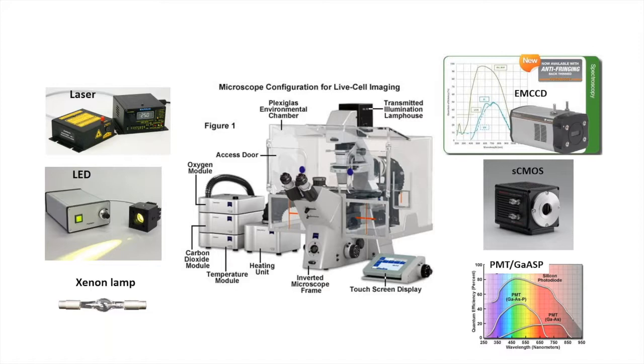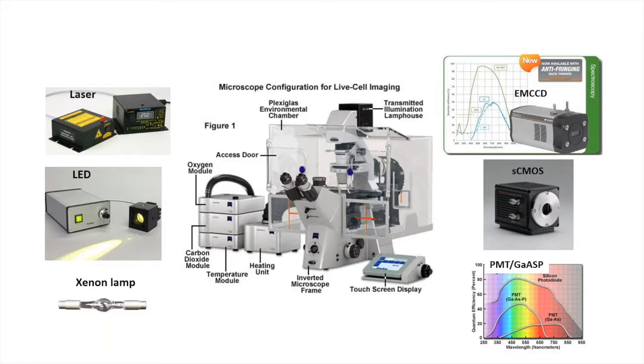As I mentioned, the excitation sources are less critical. They could be laser, LED, xenon lamp, etc. Very critical are the detection devices, EMCCD, intensified CCD, that now reach 90+%, 95% quantum efficiency. So really sensitive detection devices.